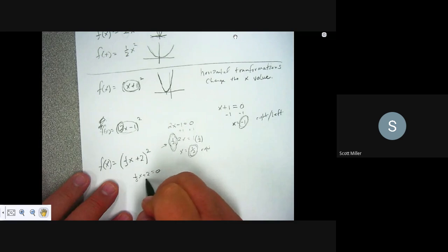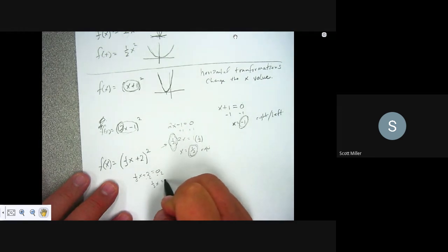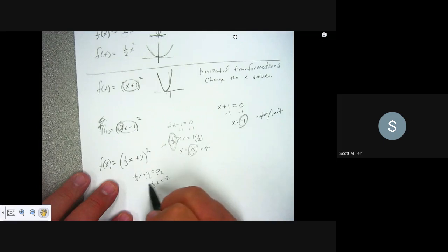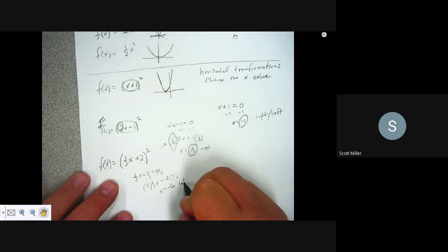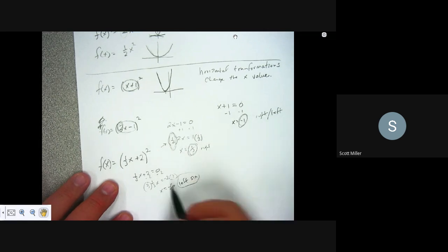So we subtract the 2, and we'll get 1/3 x equals -2. And then I have to flip that over, and so x is -6. So I'm going to the left 6. Left 6. That's how you would write your answer for that. The negative means to the left 6.